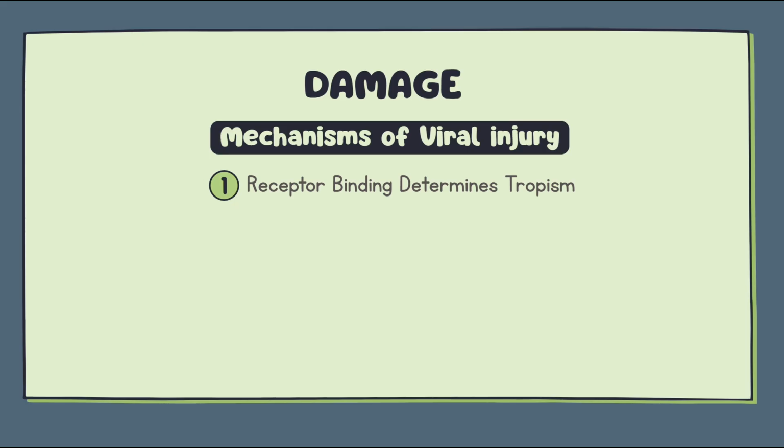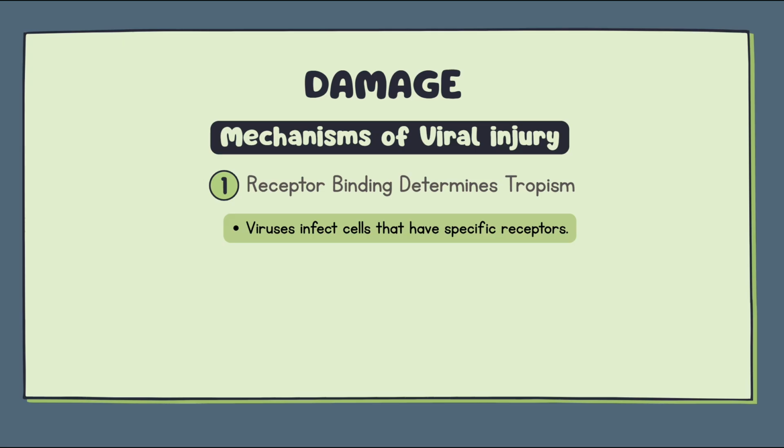Tropism basically refers to the specificity of a virus for certain cells or tissues. So viruses connect or bind to a particular receptor on host cells. So it just shows that viruses infect cells that have specific receptors that they can bind to.